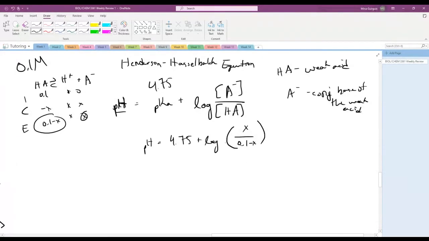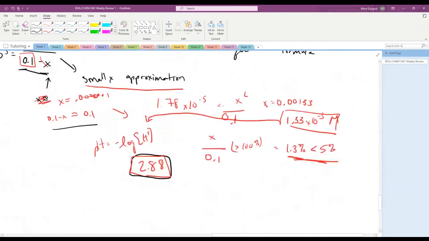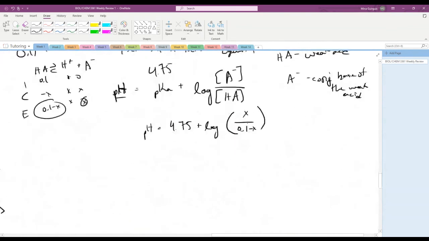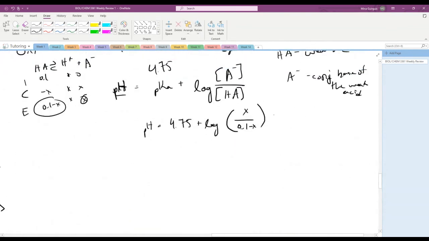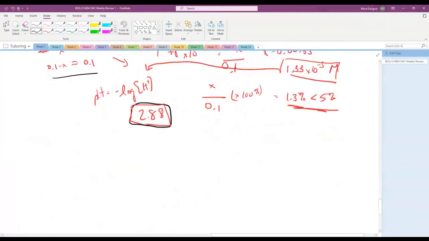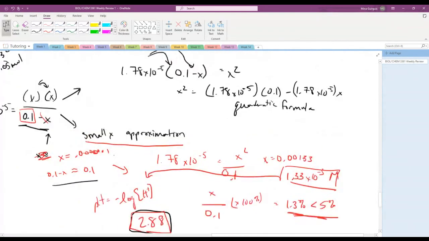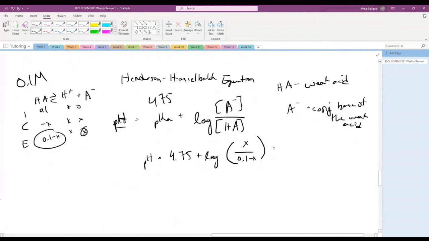Okay. So you guys are probably thinking we have two unknowns, we can't really solve this. And you're mostly right. But we can go through the small x approximation if we wanted to get that number once again. So I suppose this would be better phrased as an alternative to plugging it into the logarithm.